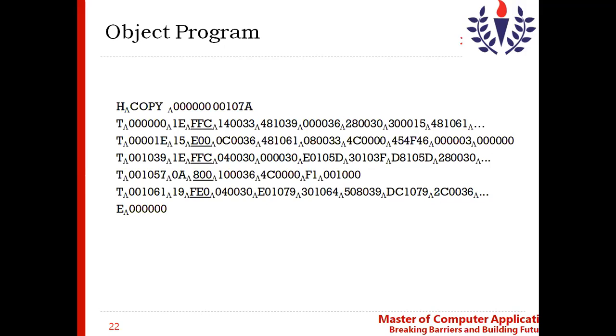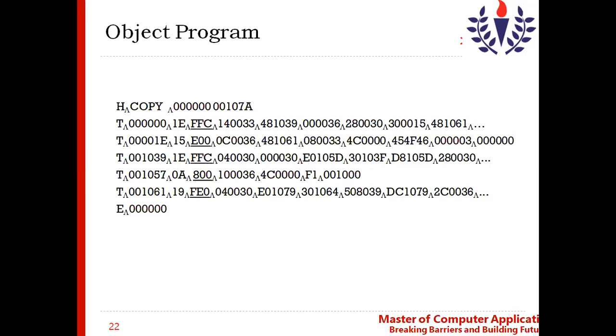When the assembler creates the object program, how it looks, I have already shown you. So the length of the current text record would be there, and after that we have the relocation bit mask.